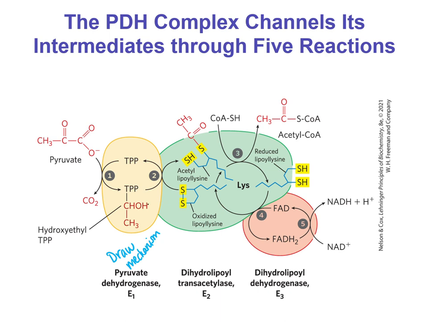You transfer this hydroxyethyl group to the lipoate, and in doing so, you create the acetyl portion of acetyl-CoA. So you oxidize that carbon further to make the carbonyl.